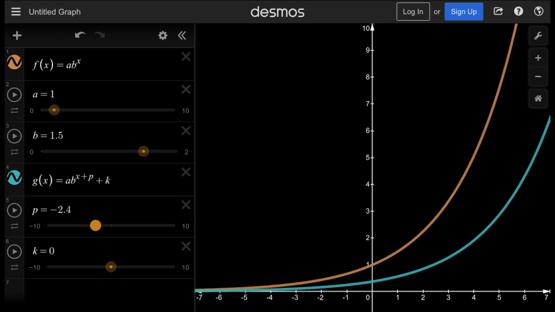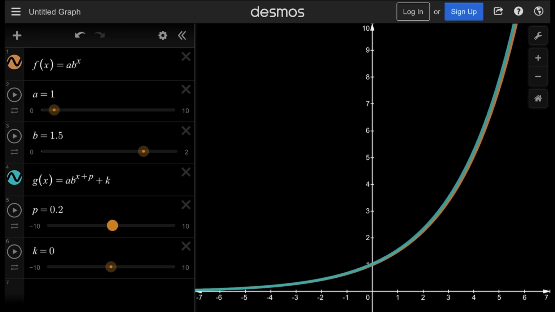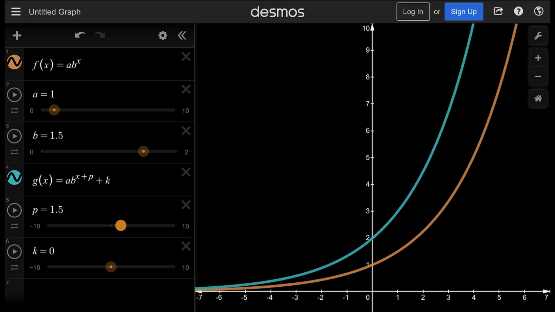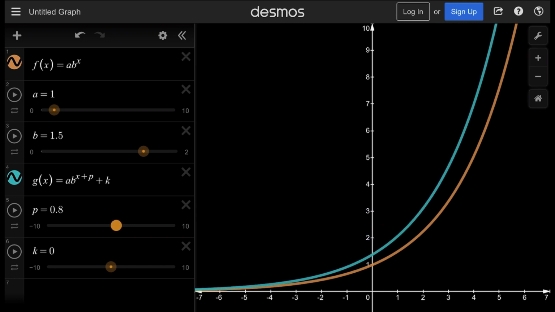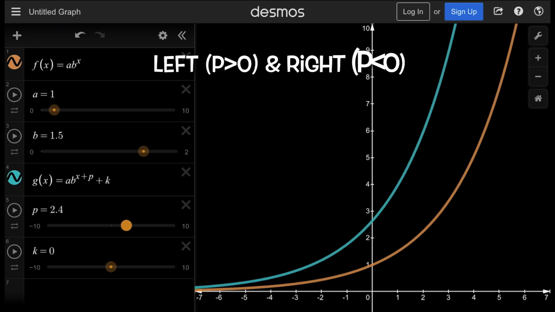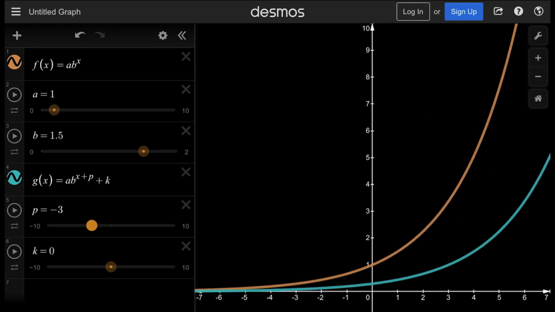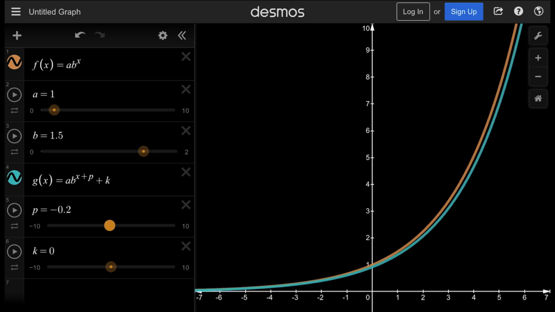As we decrease p's value, it goes to the right, and as we increase p's value, it goes to the left. So kind of strange, very counterintuitive. You would think that right is positive and left is negative, but it's the exact opposite over here. Increasing p's value moves it to the left, and when we decrease p's value, the graph moves to the right. Okay, this is what we call translations.